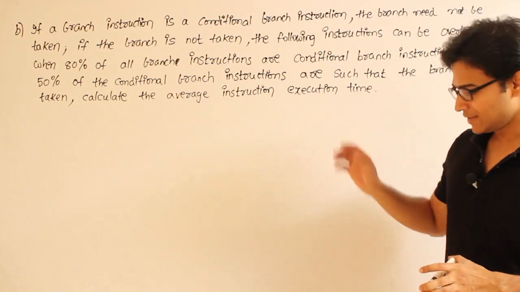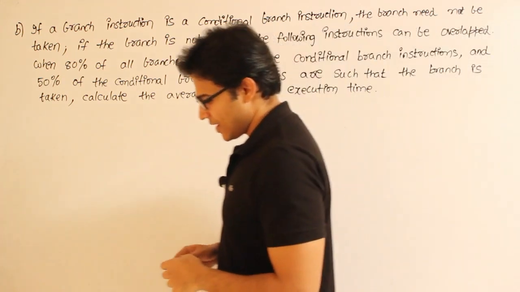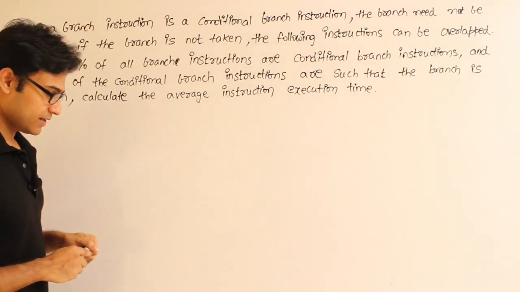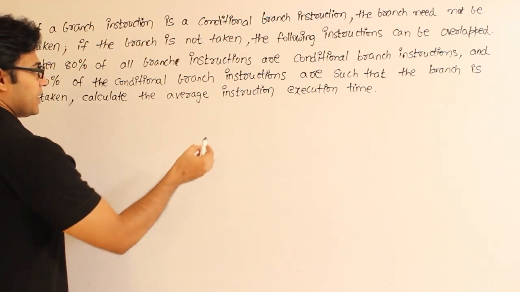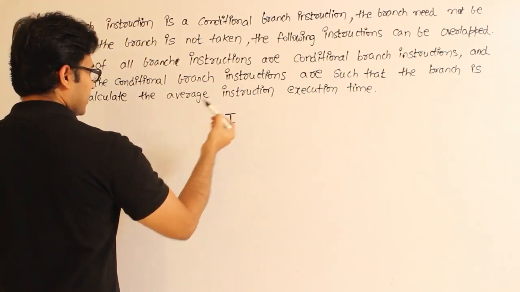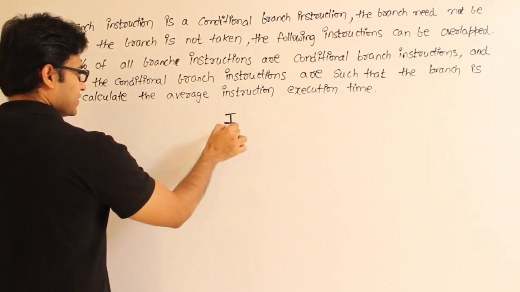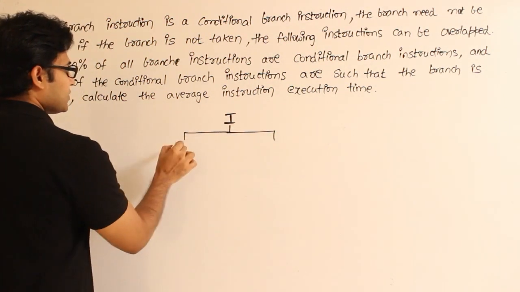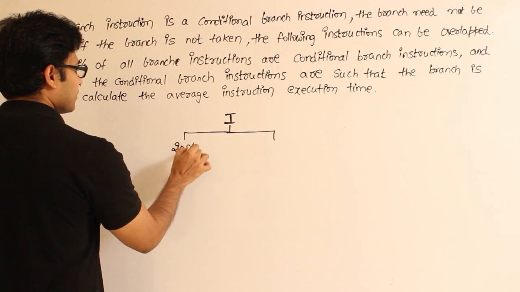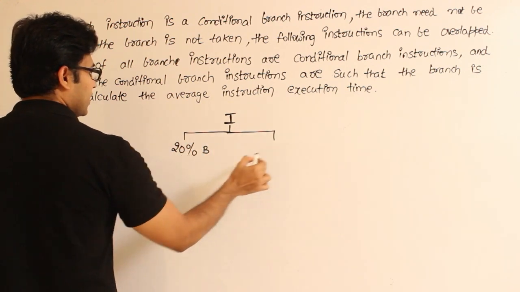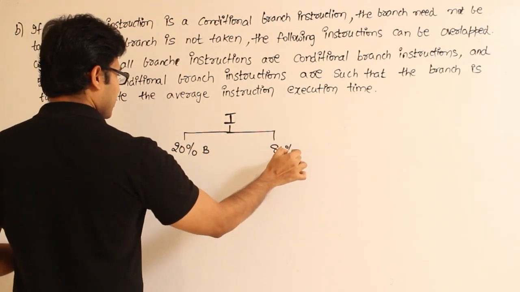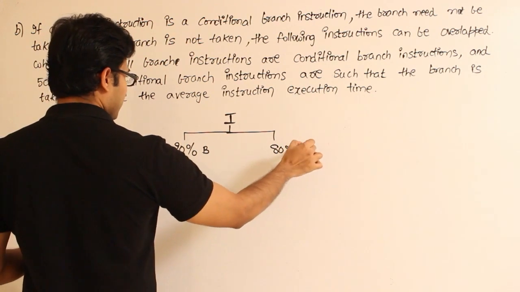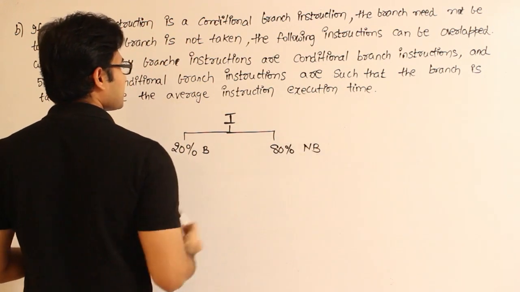Okay, so in this one, I'll just show you what exactly they are saying here. See, in question A, they have already told us that out of all the instructions, 20% were branch instructions and 80% are normal instructions, let us say non-branch instructions.